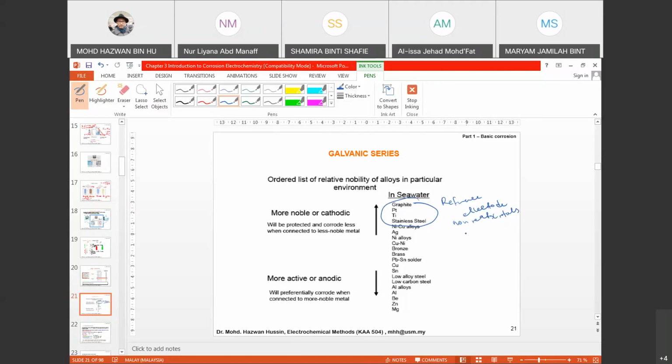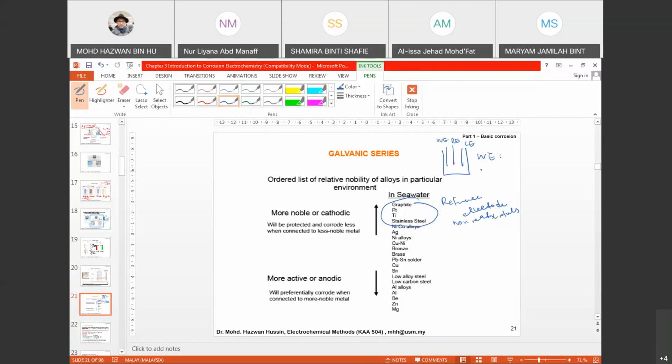So when you have non-reactive metals, the potential that is produced... I hope you still remember that in an electrochemical cell, you have working electrodes, reference electrodes, and also counter electrodes. You still remember the function of each individual electrode? Maybe I can just test those who came. Hamda, you still remember?